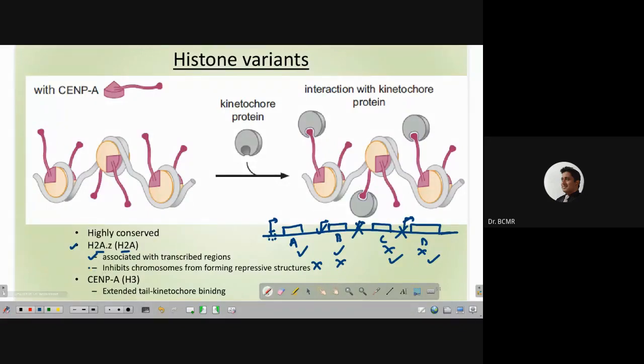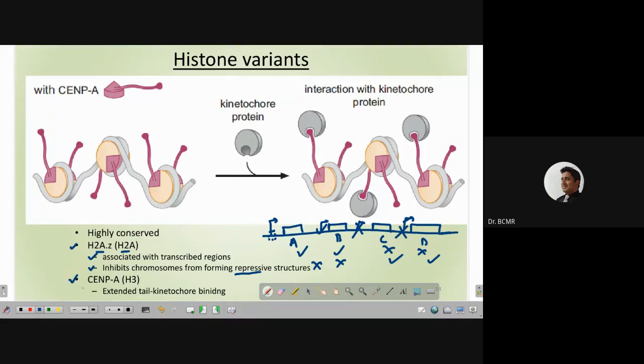And because of their presence, they will inhibit the formation of repressive structures. You don't have to memorize all of these. As we progress in the course, you will understand when it comes to gene regulation. You will come to that level, and then we'll be able to understand it better.